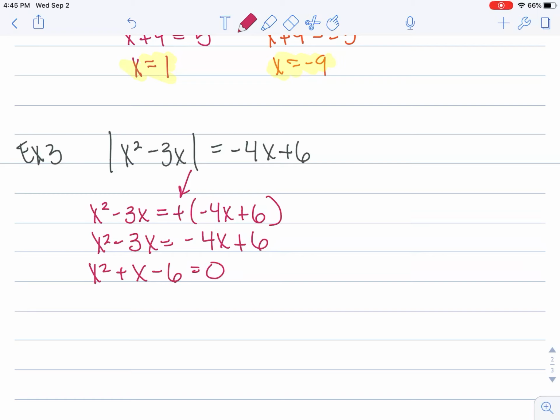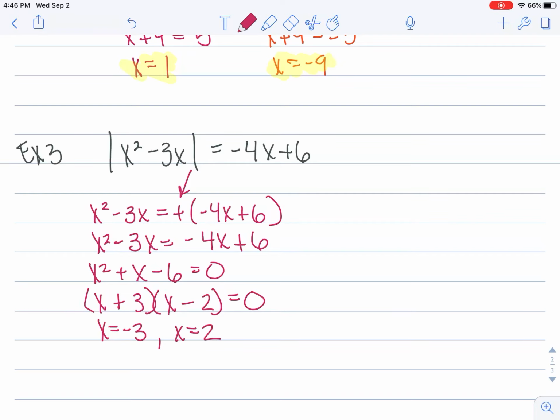I'm going to try and factor this. Trinomial should be hopefully nice. We have an x. I'm going to go 3 and 2 because I realize the middle term is a positive 1, so a positive 3 and a negative 2. Zero product property, so x is equal to a negative 3 and a positive 2.